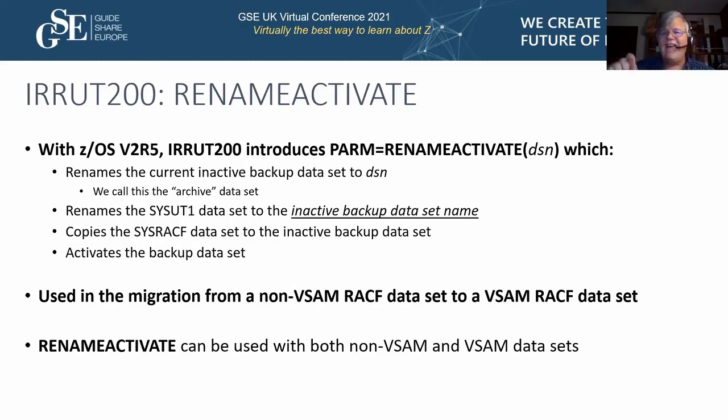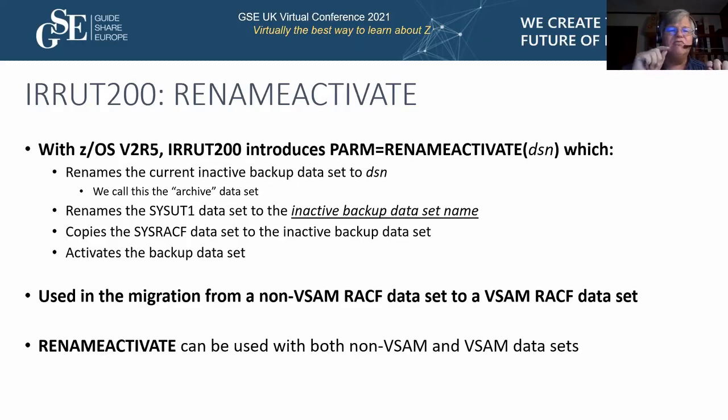What rename activate does is it adds a few data set renames in there. Again, the starting point is you have your primary RACF database and an inactive backup RACF database. Then you run with PARM=RENAME ACTIVATE, and you specify a data set name, the name to which you want your RACF backup data set renamed as part of this process. The way IRUT200 works, it copies from SYSRACF to SYSUT1.